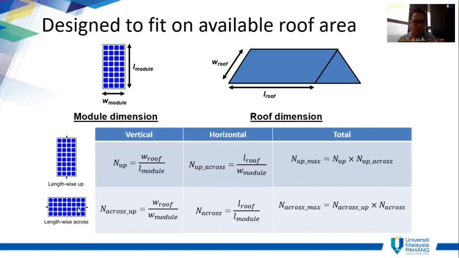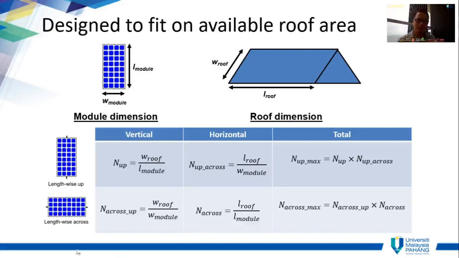For the case of lengthwise across, the vertical part is N across up, because it is arranged upward. So that's W roof over the width of the module, because the directions now become like this, and the direction now is here. That's why we call it across up.